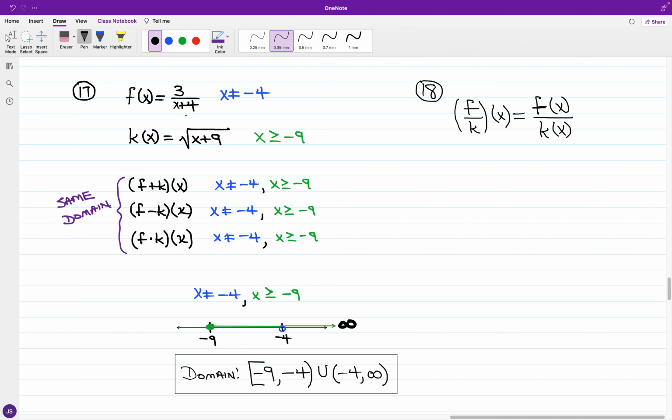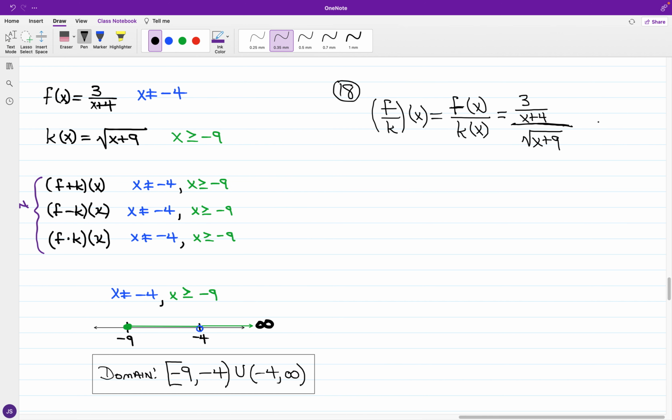Now again, f of x is a fraction. So you have 3 over x plus 4, and we have that divided by k of x, being the square root of x plus 9. And undoing the ratio between this fraction and this radical.